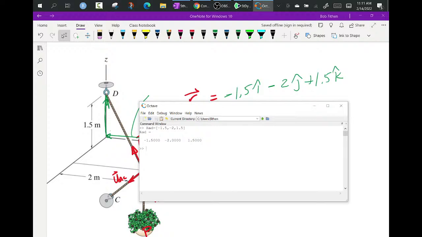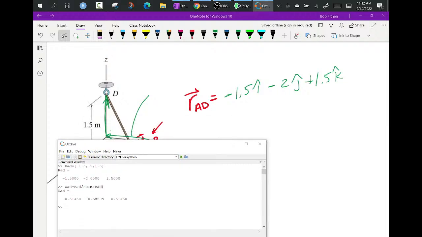Okay. So now that I got that, I want to find the unit vector that way, RAD, and I'll zoom back out in a second. Unit AD? AD is equal to RAD divided by the norm of RAD, not RAD. And now, I'll sort of shrink out to about right there.